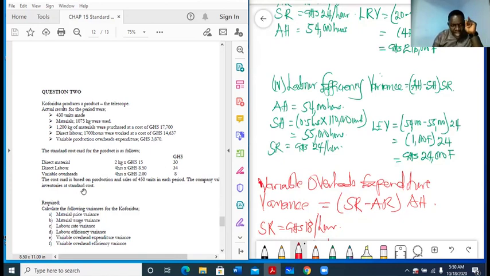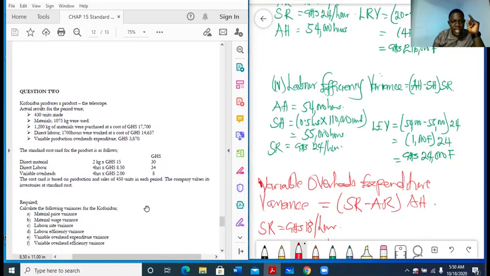For variable overheads, we also need labor hours of 4, and we will pay 2 cedi per hour, giving us a total variable overhead cost of 8 cedis per unit. The standard cost card is based on production and sales of 450 units in each period.